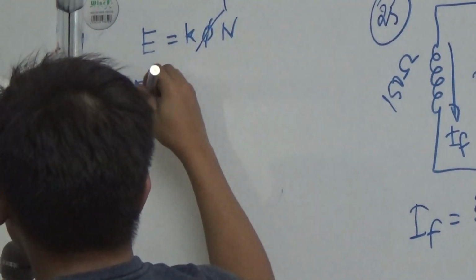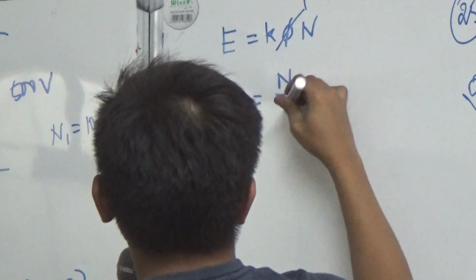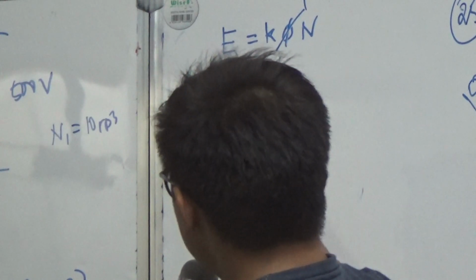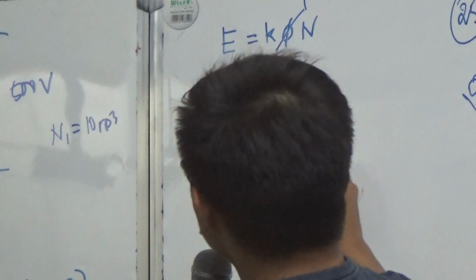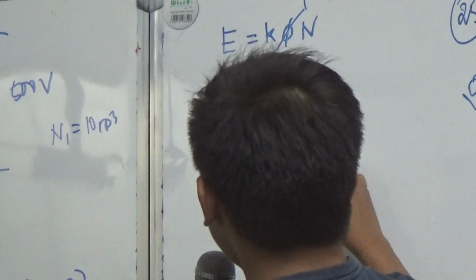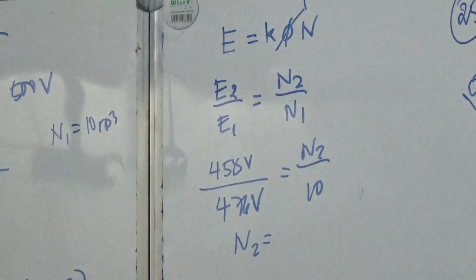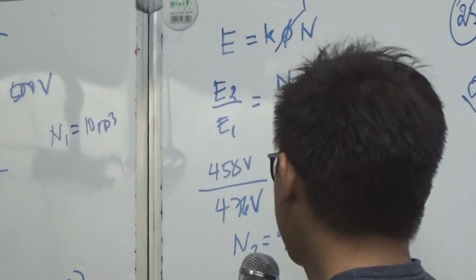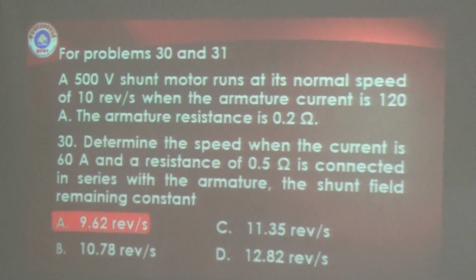So, E2 over E1 is equals to N2 over N1. E2, 458 volts divided by 476 volts is equals to N2 over 10. What will be N2? In RPS. 9.62 RPS. Check natin. Yan, letter B.